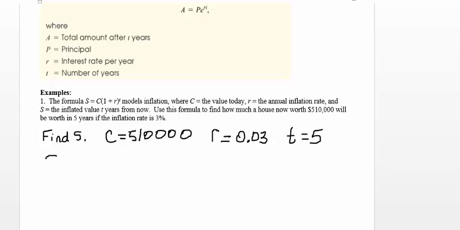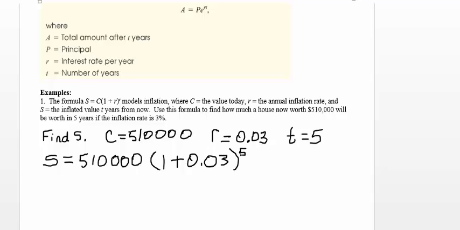So I'm trying to find S of this function, where C is 510,000 and R is 0.03. Remember, I have to write the interest rate as a decimal, and my time is 5. So I simply am replacing C, R, and T with the given values, and I'm finding S.